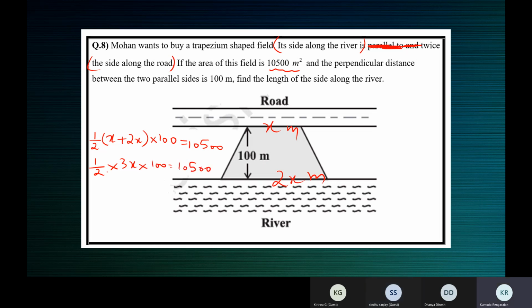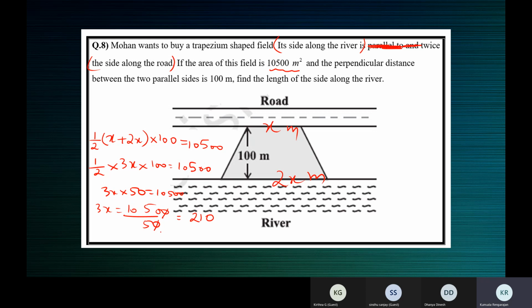All right, next. 3x into 50 is equal to 10,500, ma'am. Okay, and next. 3x is equal to 10,500 by 50, ma'am. So 0 gets cancelled and it will be 5 2s are 10.